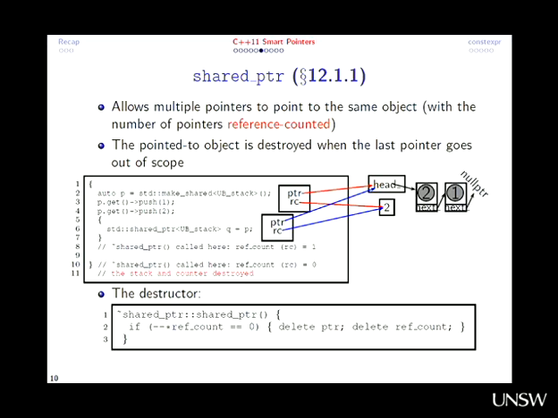And so there's a couple of things associated with these shared pointers. First of all, you've got two named shared pointer objects. You have one unnamed UB stack object, which is what those two shared pointers are sharing, referencing. You also have a shared reference counter, one reference counter, which is being incremented or decremented as need be.